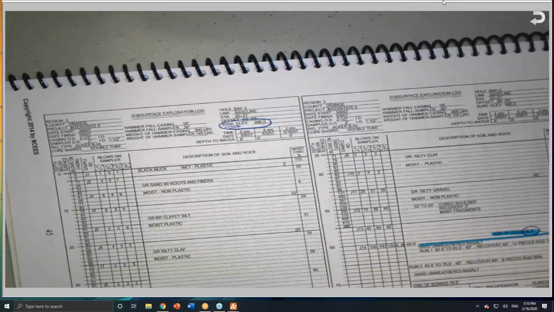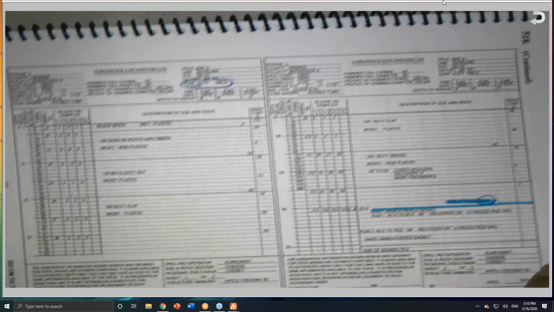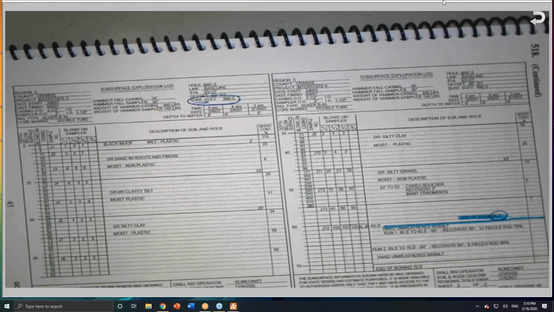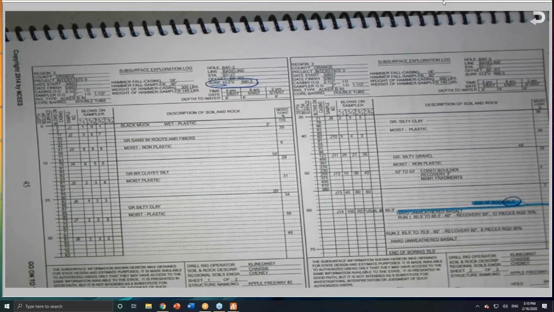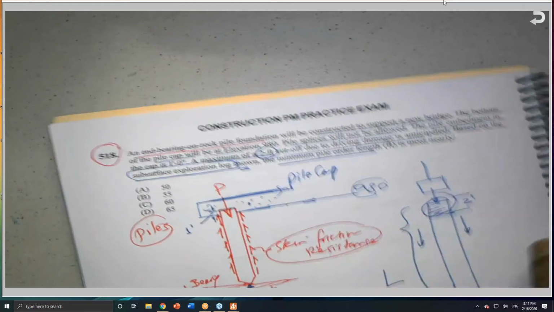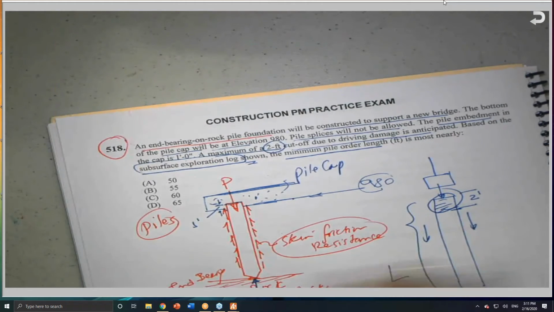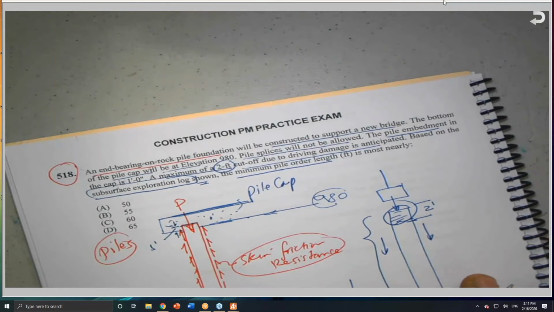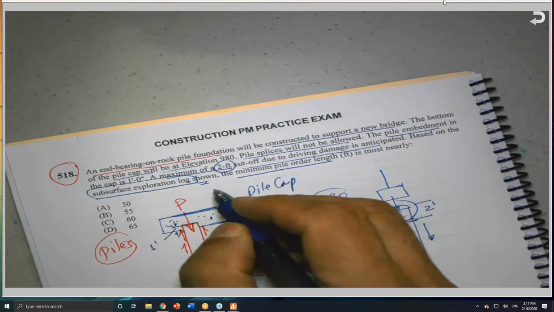This is a little bit crowded, not complicated, just crowded. I don't know why they give such a thing. But the OG, the original ground, is 990.